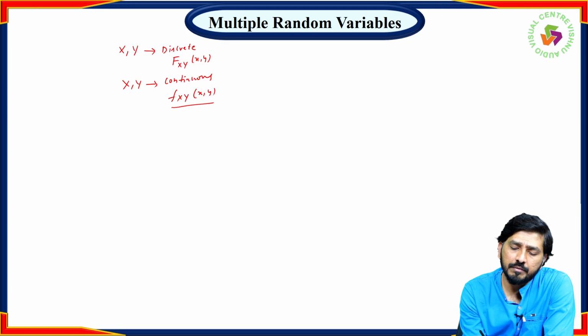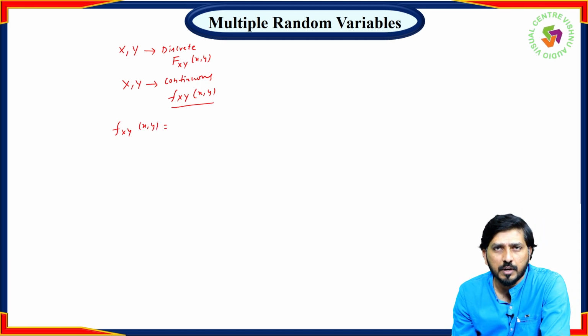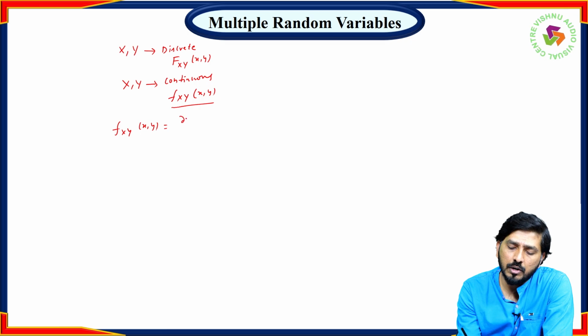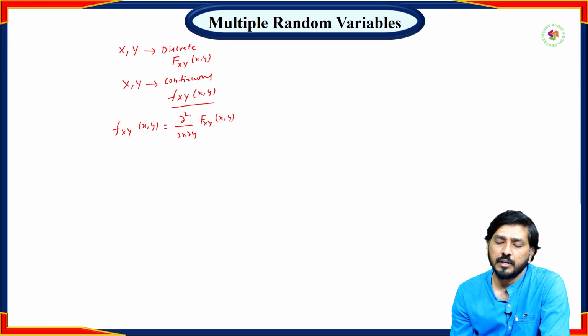So we have fxy of x comma y derived from the distribution function, the formula defined as del square by del x del y of the distribution function Fxy of x comma y. This is obtained.